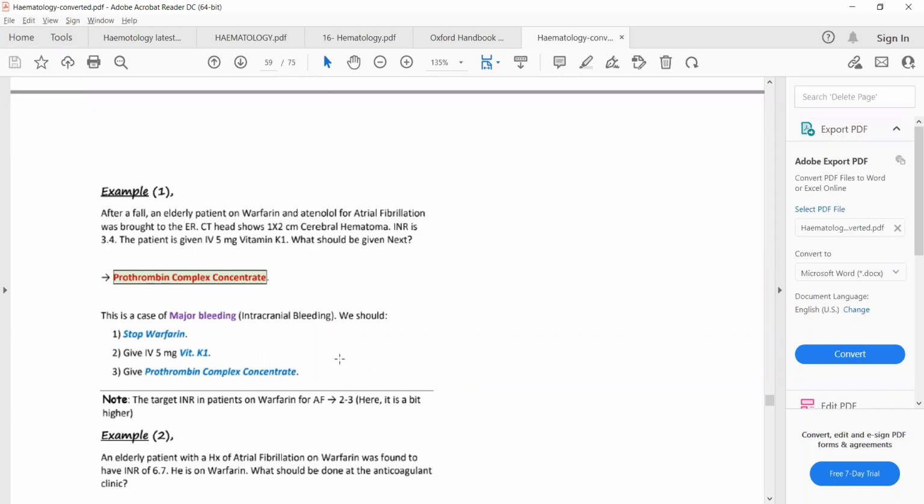Stop the warfarin and give oral vitamin K. No, I will withhold warfarin for 1 to 2 days. 6.7 INR, right? Yes, INR is between 5 to 8 and there is no bleeding. So the indication of vitamin K is bleeding, either major or minor. So if there's no bleeding, then we do not need to give vitamin K.